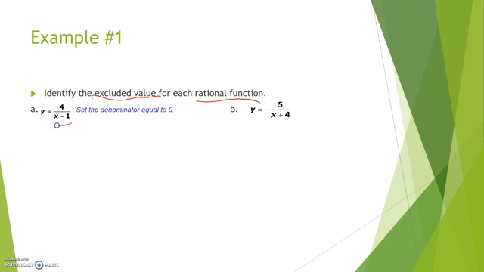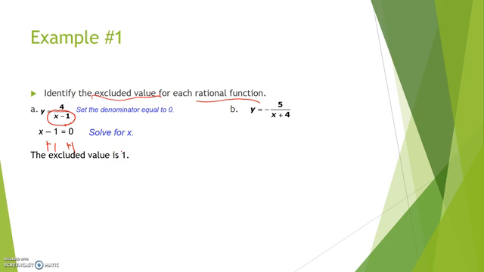So the denominator is our bottom value, that x minus 1, and we're going to set that equal to 0 and solve for x. So we set it up as x minus 1 equals 0, and I'm going to add 1 to both sides. So I'm going to end up with x equals 1, so the excluded value is 1.